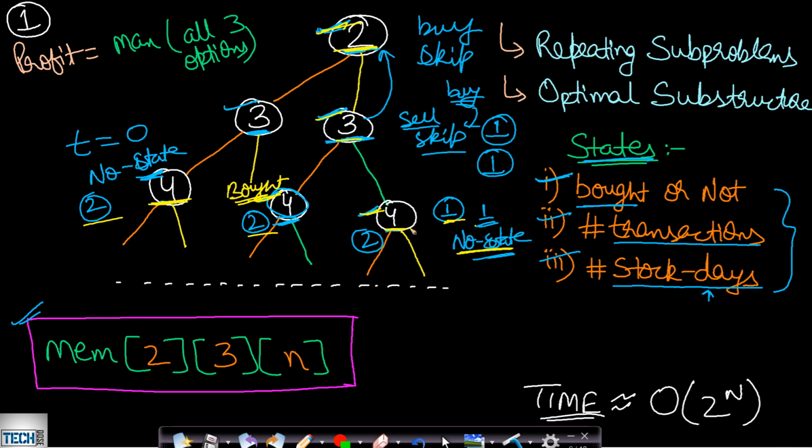Okay, but in this case we have done one transaction, so we are left with only one transaction since only 2 transactions were allowed. So this 4 is different from the first 4 with respect to the number of transactions. So if any of these 3 states differ, then we cannot call it a repeating subproblem. So these all 4s are different. Okay, these are not repeating subproblems.